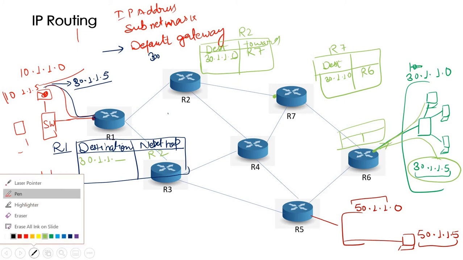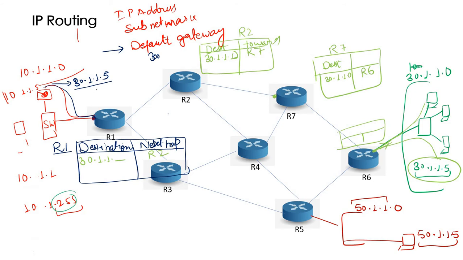Yeah, black should be fine. So now our packet reached router 1, this some packet. This packet is being checked by R1, and it checks the destination address. This destination address is 30.1.1, so it will be forwarded to R2.